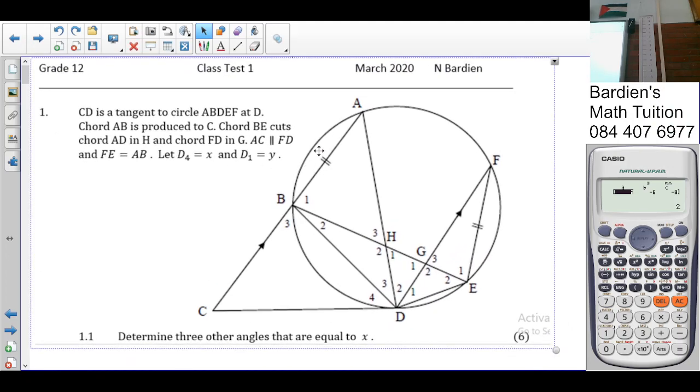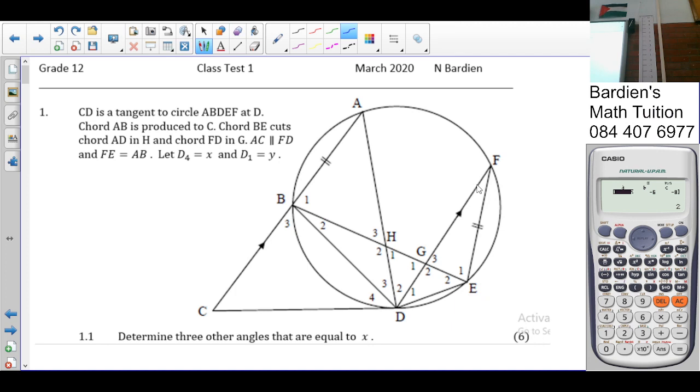This was class test 1, supposed to have been March 2020, which is not that, okay? People, we are told in number 1, CD is a tangent to the circle ABDEF at D. So if this is a tangent, what do we know? We know many things.